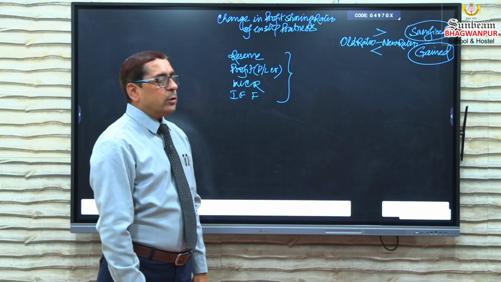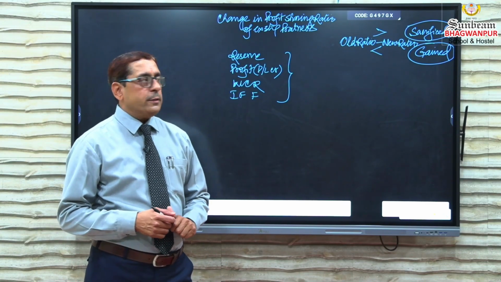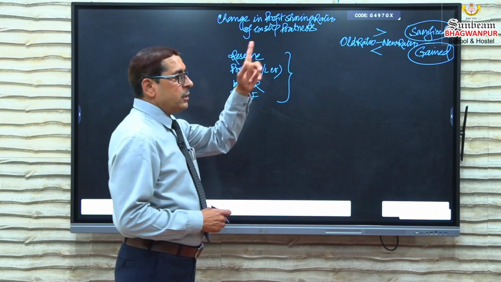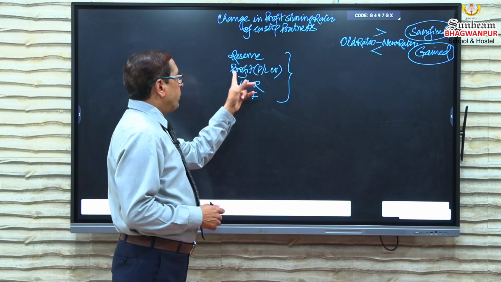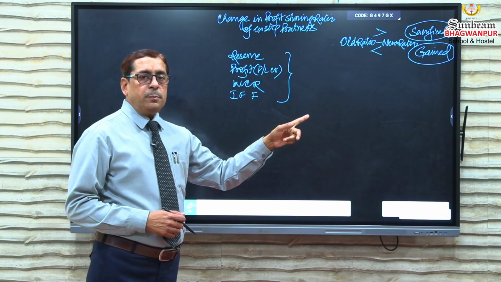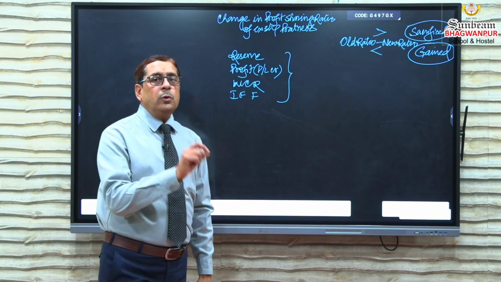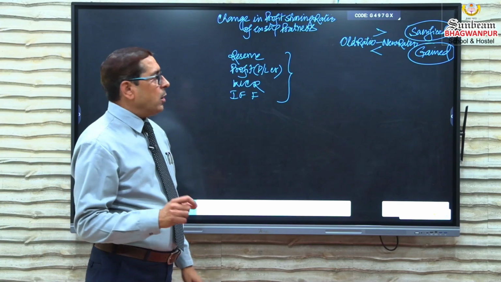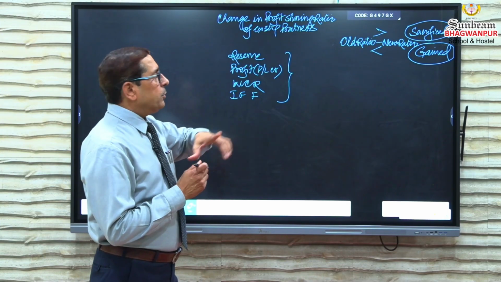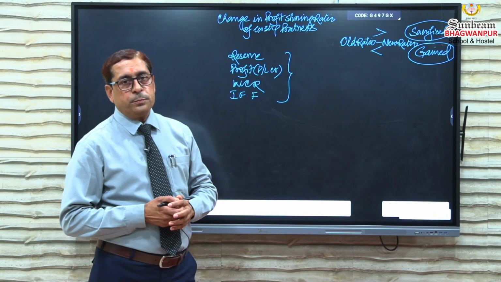Then what will be the journal entries? General reserve account debit, profit and loss account debit, workmen compensation reserve debit, investment fluctuation reserve debit, to all partners' capital accounts. These things are to be distributed in old profit sharing ratio.